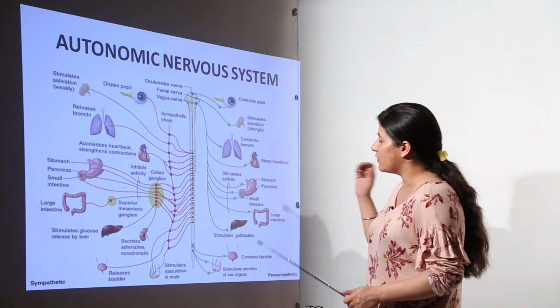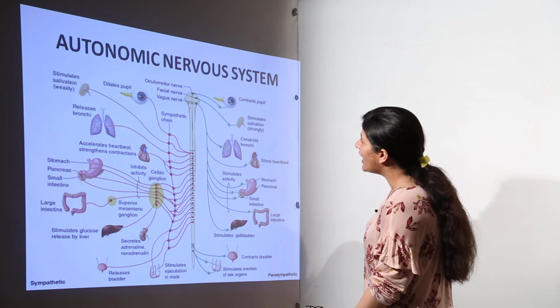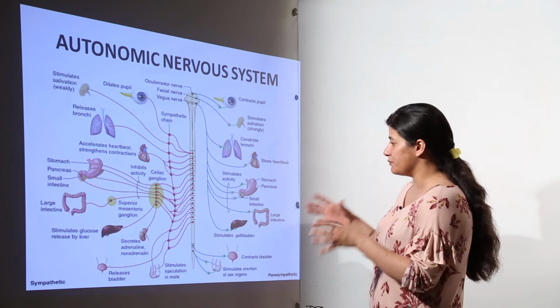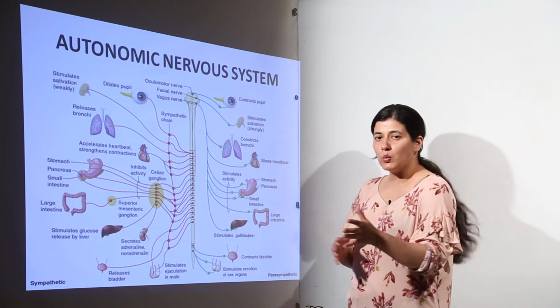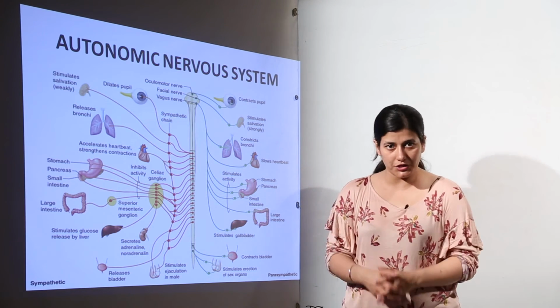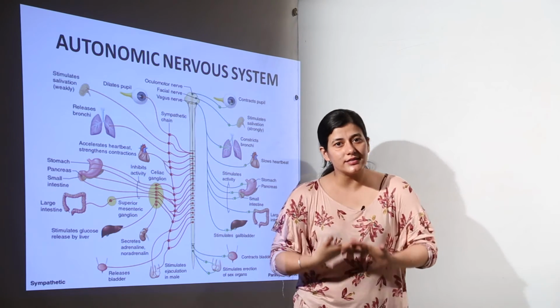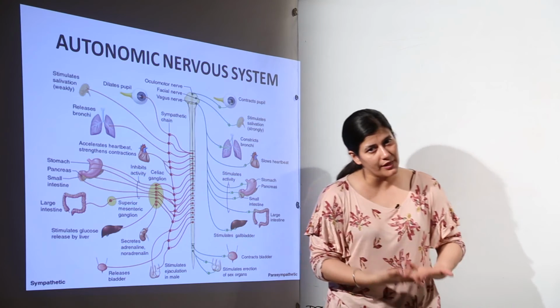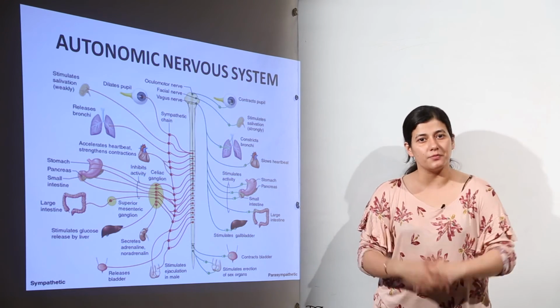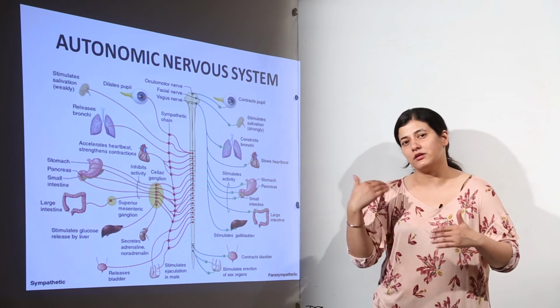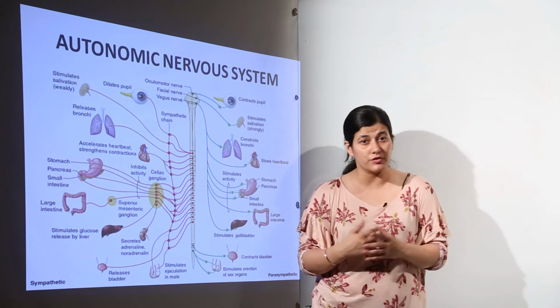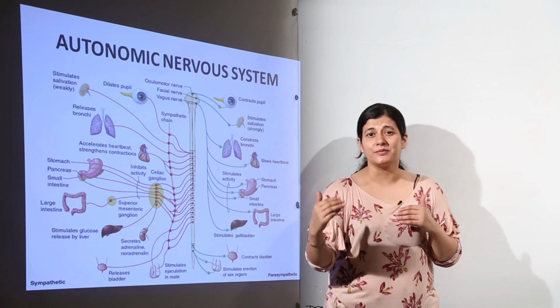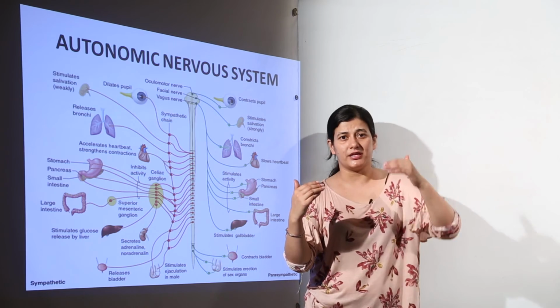Now you see how these two systems are working and we get an idea how the sympathetic and parasympathetic systems work hand in hand but antagonistic to each other. If one is raising the level of a certain compound or chemical, the other would be responsible for bringing that level to its original condition where that compound or chemical was not released. So parasympathetic takes you to a height, sympathetic would bring you down.